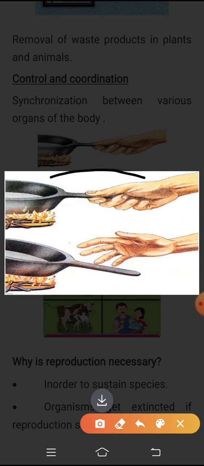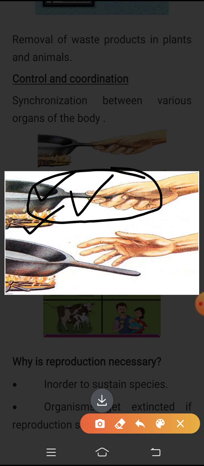See here, a person is holding an object which is kept over a gas flame or a fire. When we keep some things on the fire, what happens? Usually those things get heated up. So the vessel gets heated up, and suppose you mistakenly touch this object, what happens? You feel like immediately withdrawing your hand from that particular object, right?